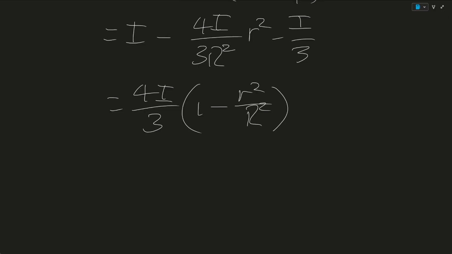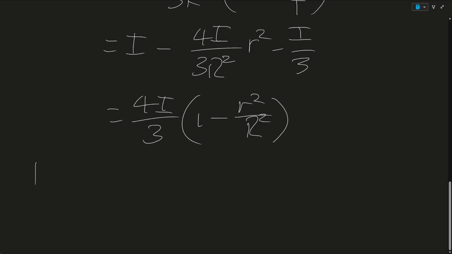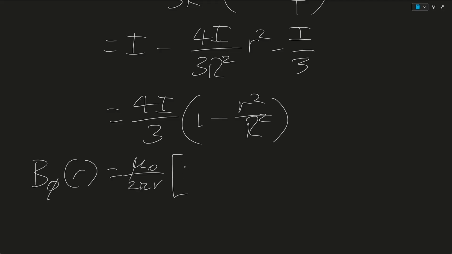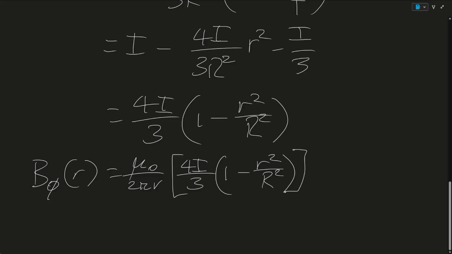Now we plug this into, or reapply, Ampere's law again. So B phi of r is mu naught over 2 pi r times 4I over 3 times (1 minus r squared over R squared). Stupid brackets.